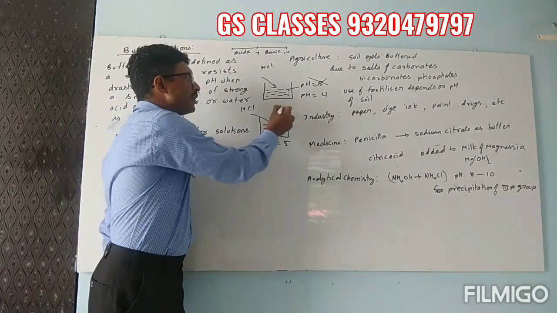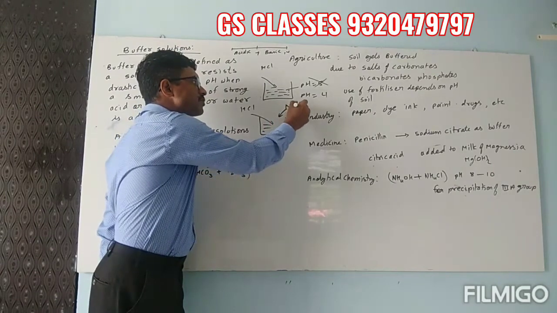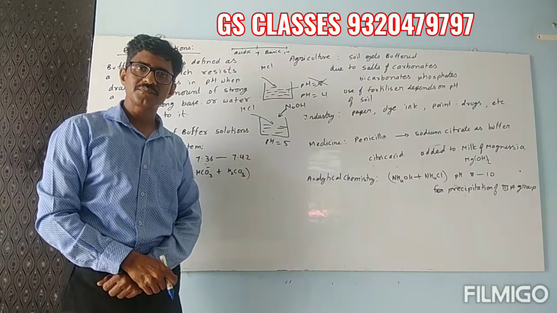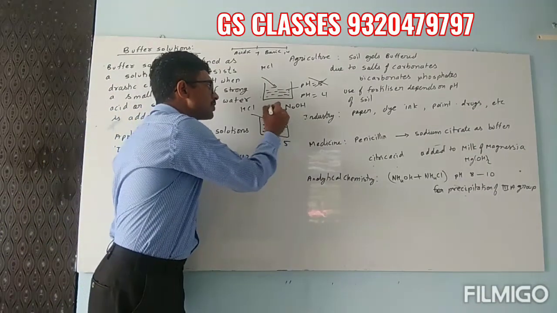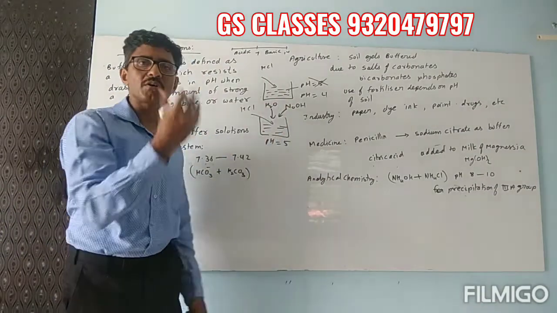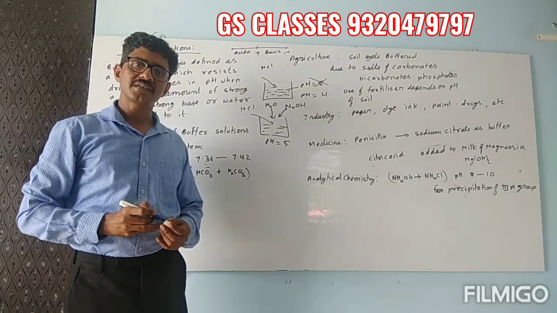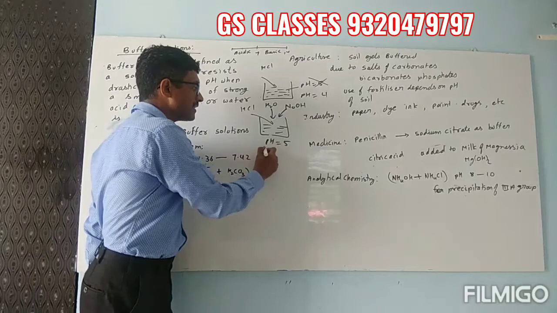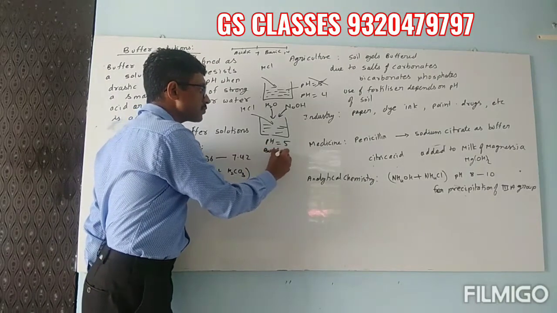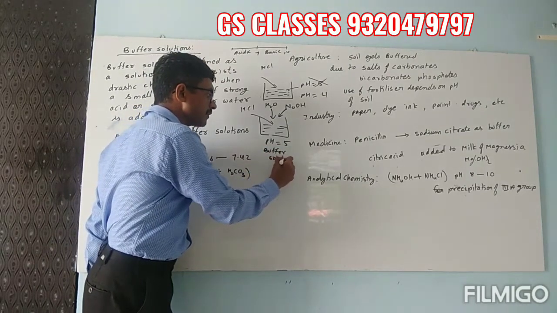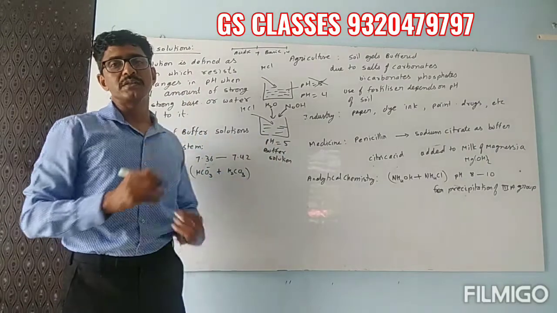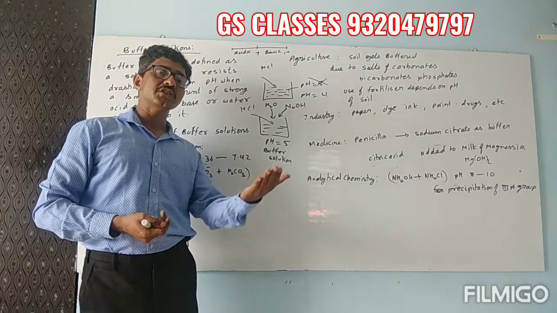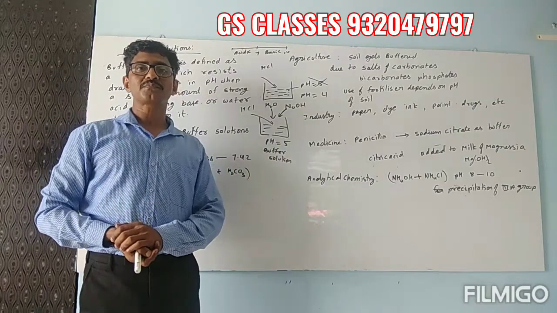And the pH will not change even if you are adding a strong base like sodium hydroxide. pH will also not change by adding a little bit of water. So this kind of solution is known as the buffer solution, which resists the change in its pH value.